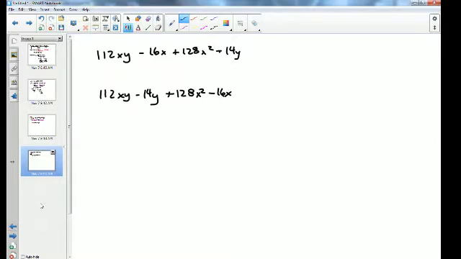Okay, so I'm going to factor a y out here, right? So I'm left with x minus something. If I factor an x out of here, I'm left with x minus something, right? This is probably going to work. Let's give it a try. What's my greatest common factor here? 14? Yeah.